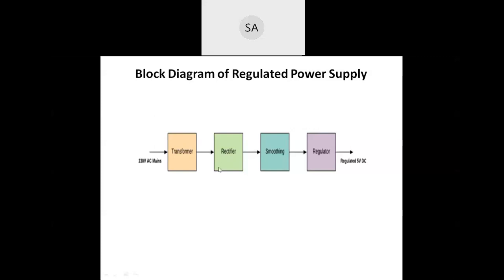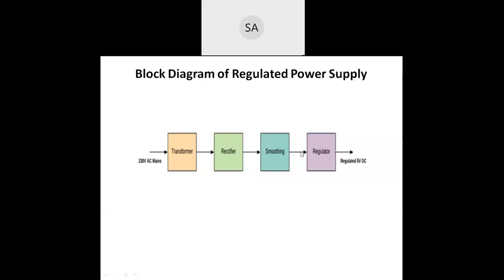The function of the rectifier is to convert the AC signal into DC. Even if the rectifier output has any AC component or variation, that output is smoothened by the smoothing circuits.